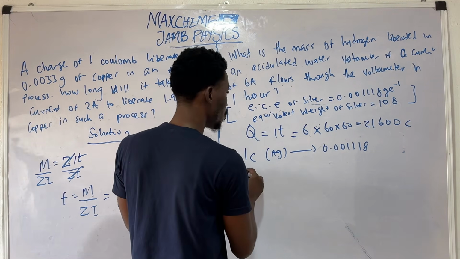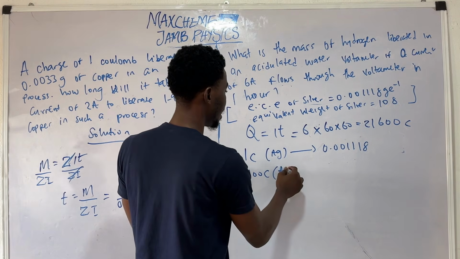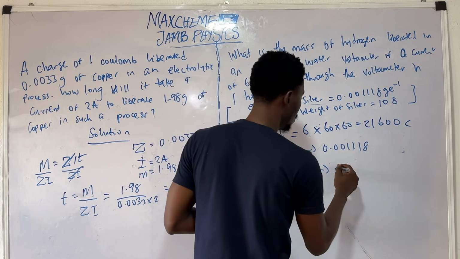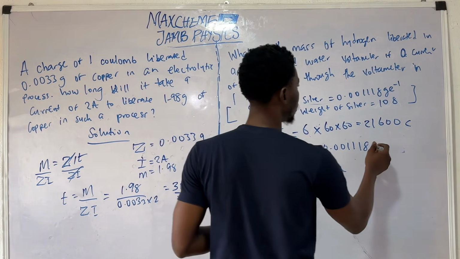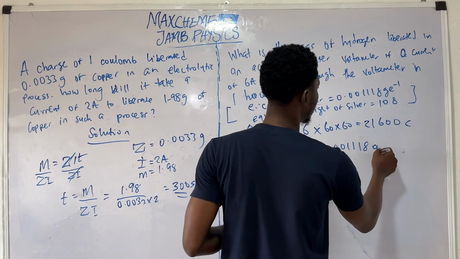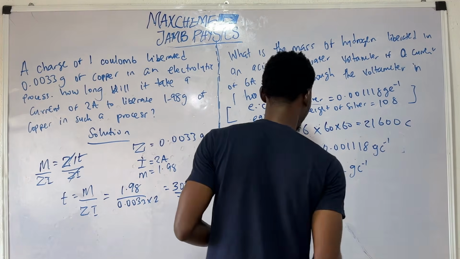And 21600 coulombs of silver will then be equal to X grams.